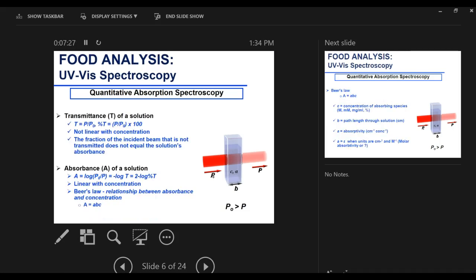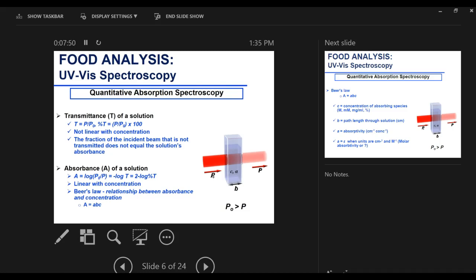So this is the relationship of transmission. Transmission is the ratio of the exit beam to the incident beam, and percent transmission is this ratio times 100. It's not a linear relationship with concentration, so we do not use it to measure concentration.